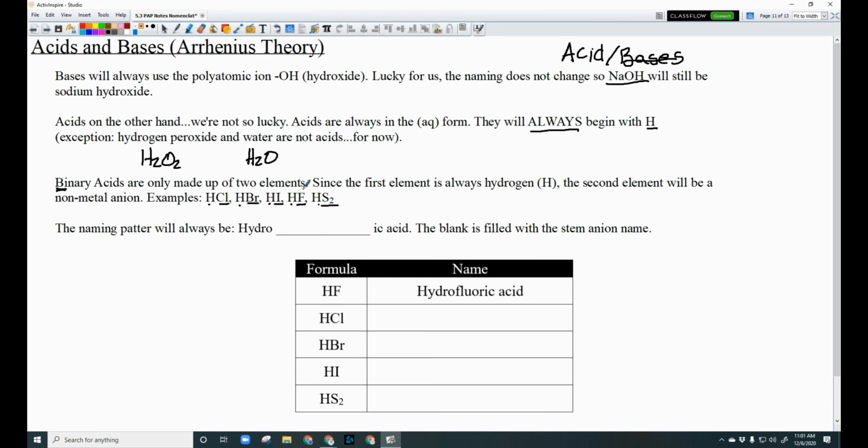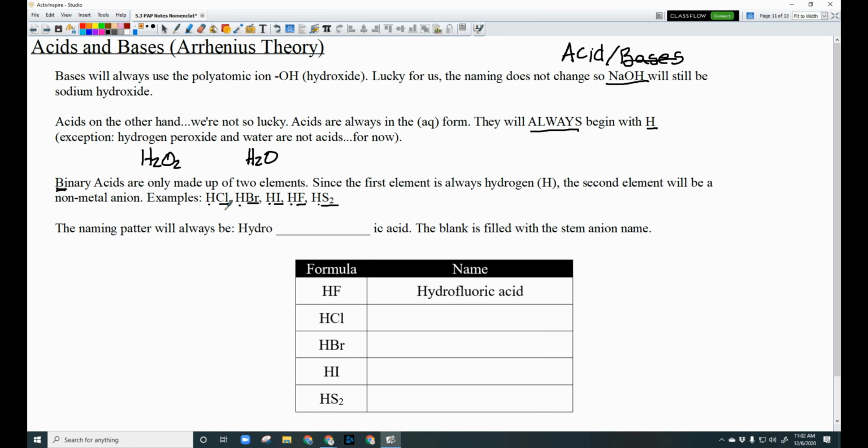See, all of these second anions are elements from the periodic table. And so when you see a binary acid, hydrogen plus one other element, you're going to use the naming system where it's hydro and then a stem. The stem comes from whatever element it's bonded with.